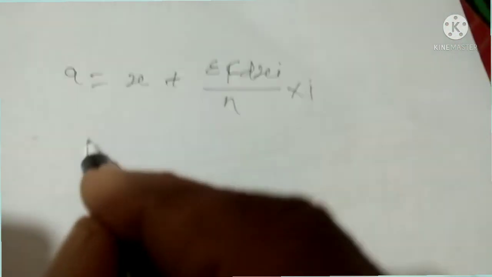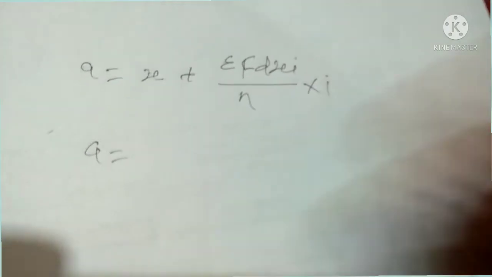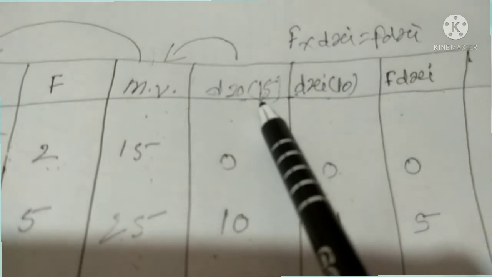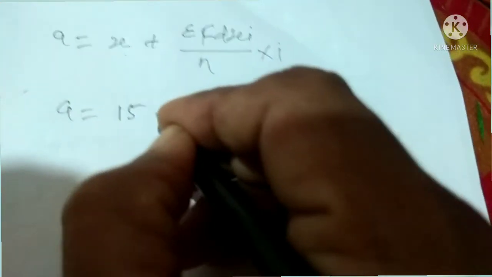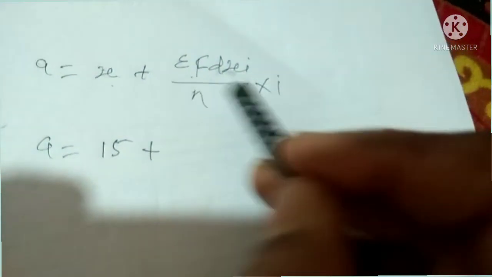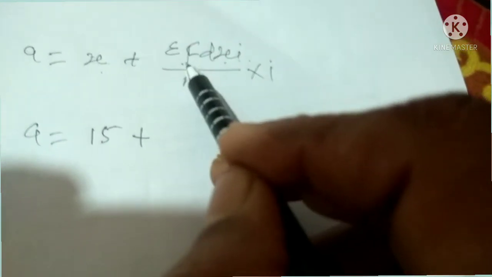So fill up the values. Now x means the assumed average, and what we took is 15. So write here 15 plus sigma f dxi, the total summation of f dxi. So sigma f dxi equals 69.